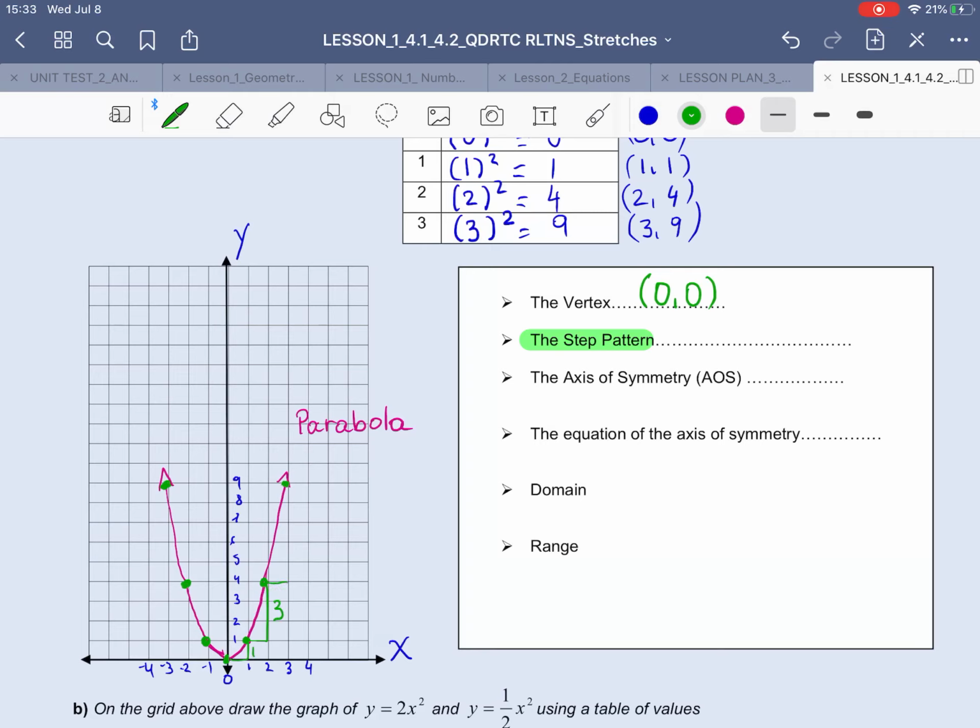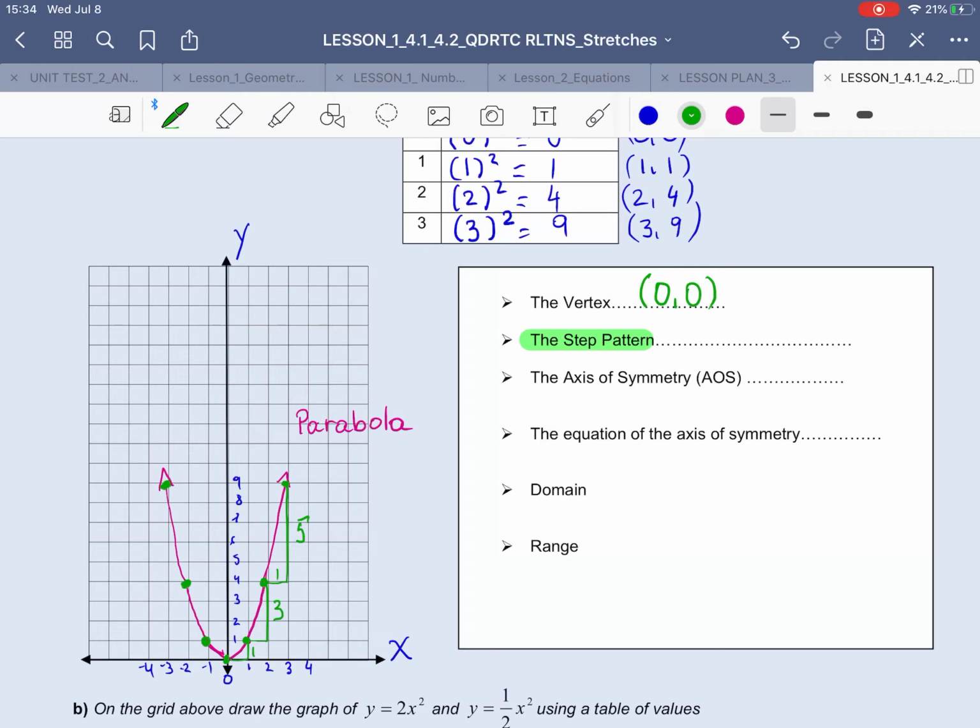To go to the next point, I have to run 1 unit and then rise 1, 2, 3, 4, 5 units. You probably have noticed that all the time we run over 1 unit. So horizontally we move 1 unit, but vertically we go 1 unit first time, 3 units second time, 5. So there is sort of a pattern here in how we rise.